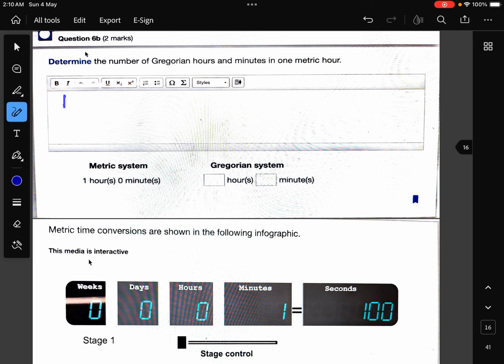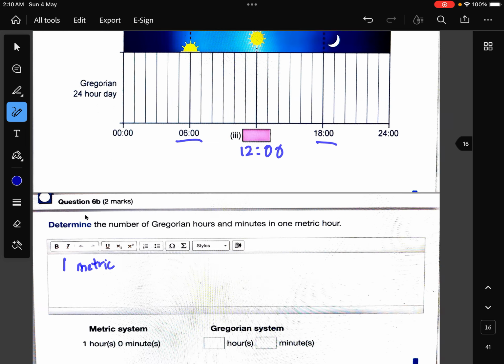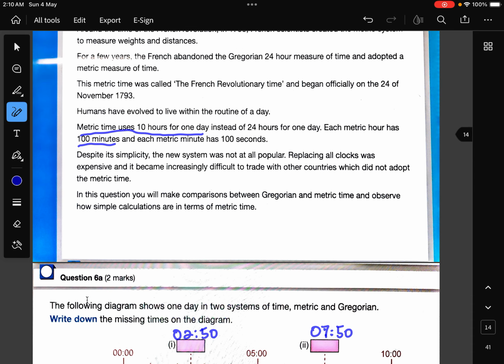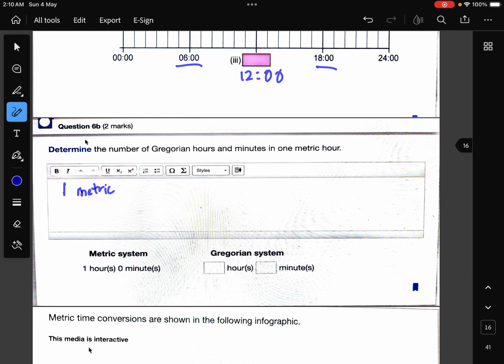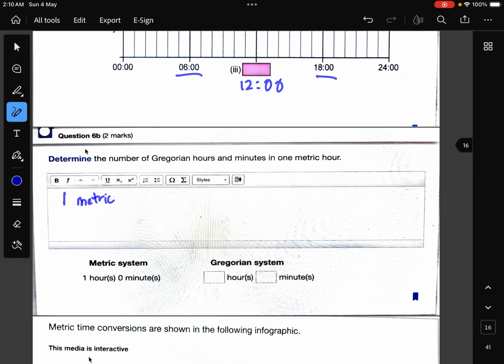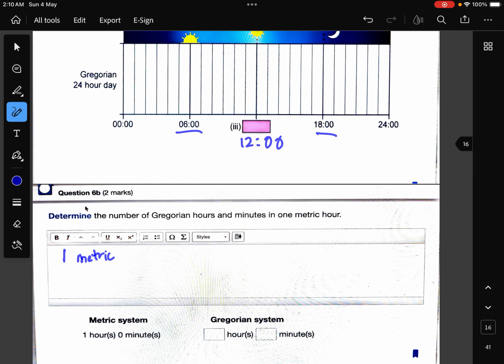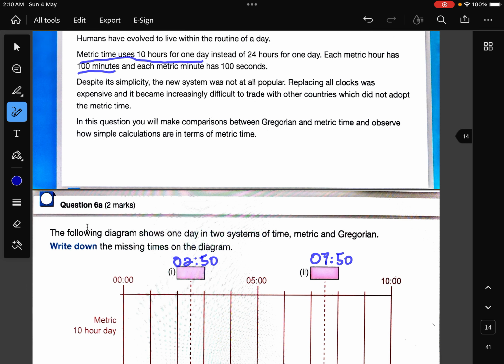for 1 metric. So I'm just going to go back to this piece of information, okay? So we know that for metric time, it uses 10 hours for one day. I'm just gonna write this here.